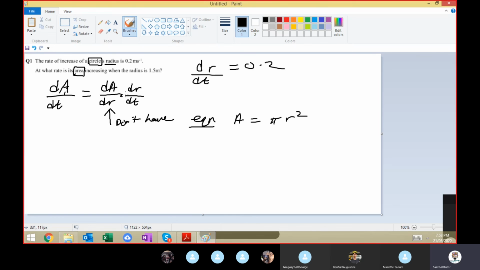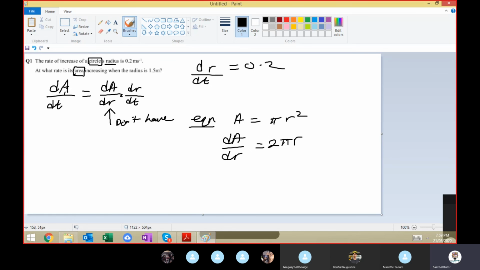Then when I've got that, I go, okay, well, I don't have a relationship between A and r for me to be able to actually differentiate that. So I need to have a relationship between A and r. And there it is. Once I've got that, the rest of what I'm going to do is easy. dA on dr, bring the 2 down. That's 2 pi r. Hey, look, circumference. dA on dr is 2 pi r.